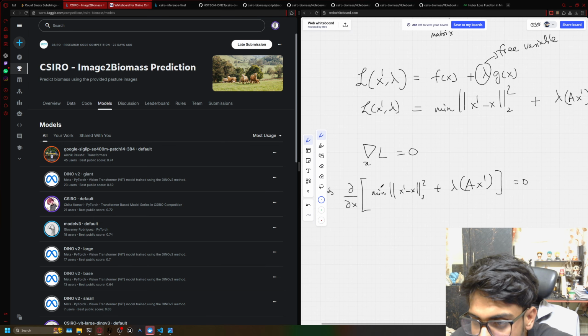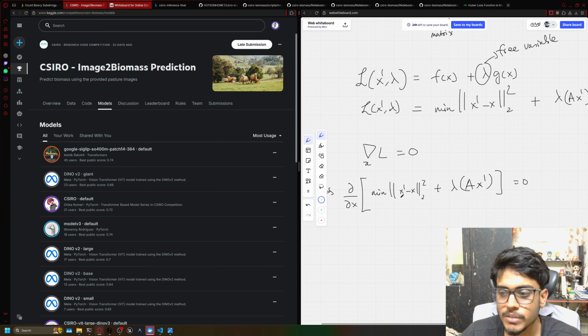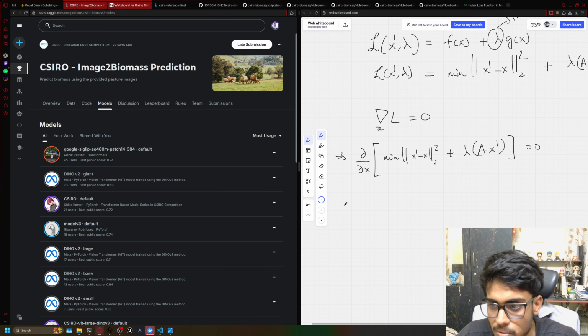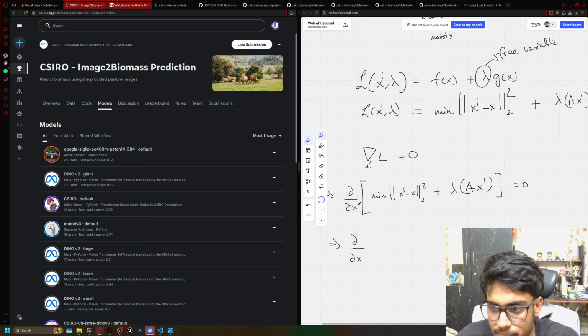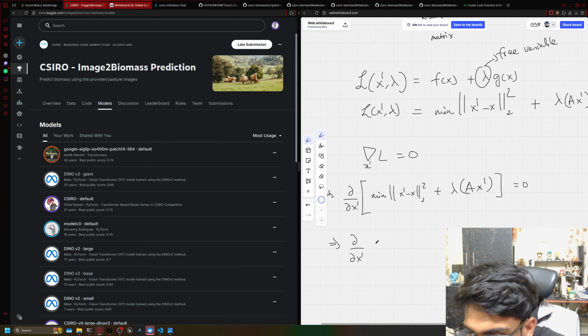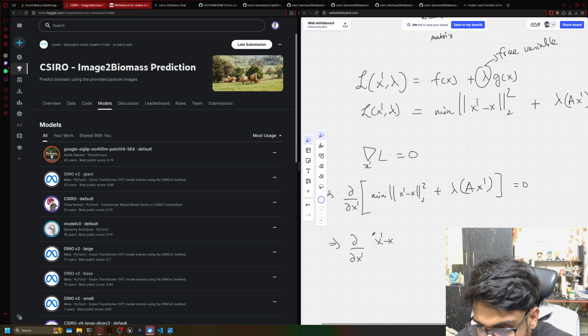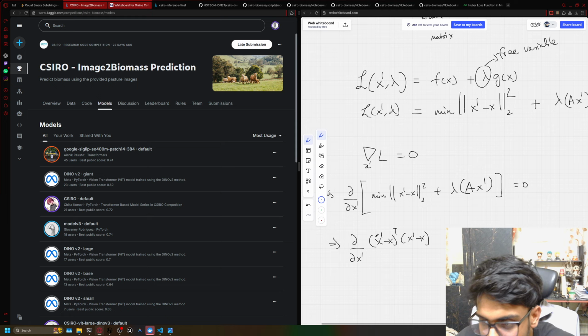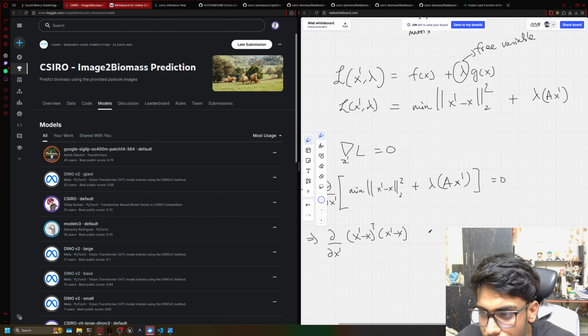Here I should be doing matrix differentiation instead of scalar differentiation. So I can write the L2 norm as x prime minus x transpose times x prime minus x, plus lambda del of del x prime of A x prime equal to 0.